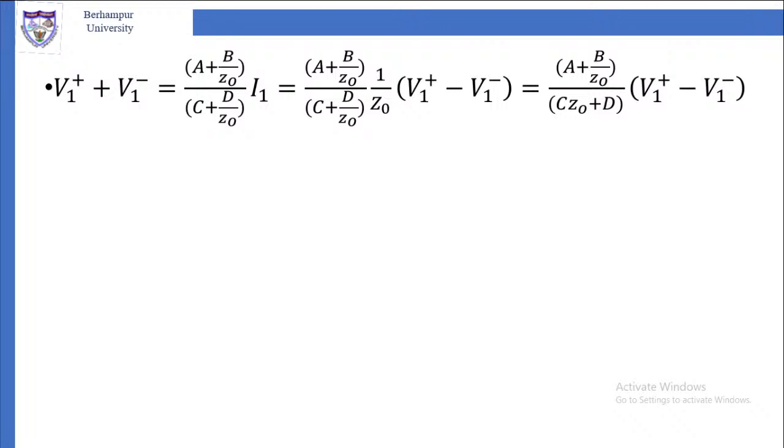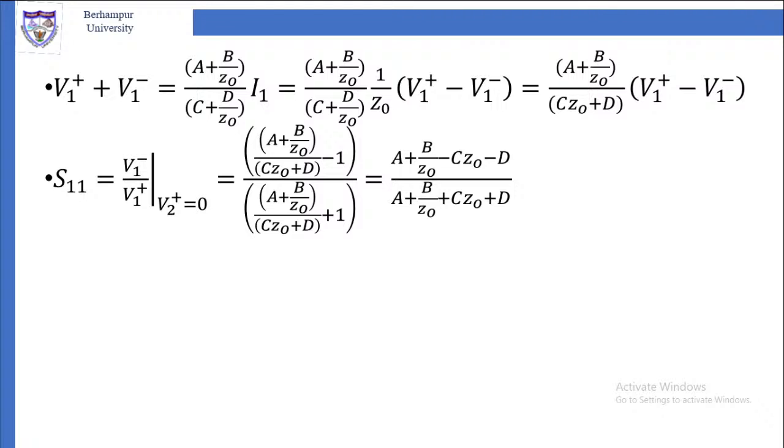So if we multiply 1 by Z0 in the denominator, that gives us A plus B by Z0 divided by C Z0 plus D into V1 plus minus V1 minus. So V1 plus plus V1 minus is equal to A plus B by Z0 divided by C Z0 plus D into V1 plus minus V1 minus. And now find out what is S11. S11 is equal to V1 minus by V1 plus when V2 plus is equal to 0.